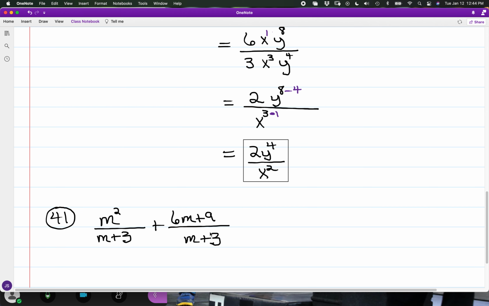So we're not multiplying, we're just adding. If you notice, both rational expressions have the same denominator, which means we can go ahead and combine the numerator terms together.